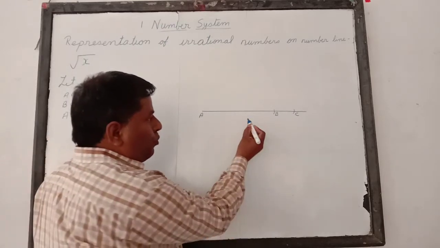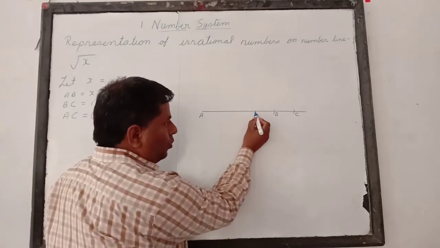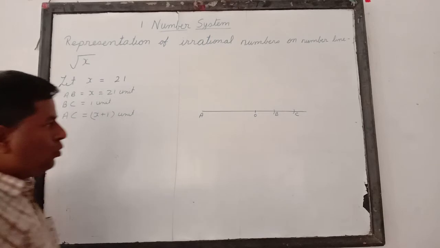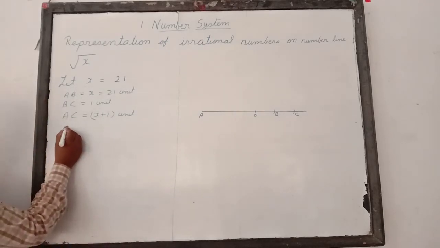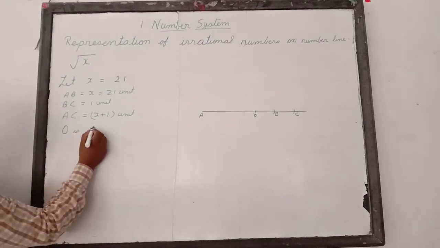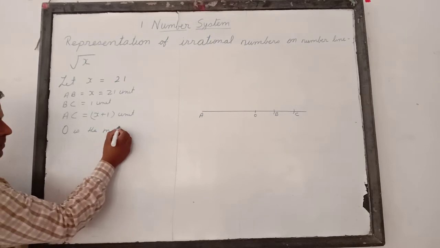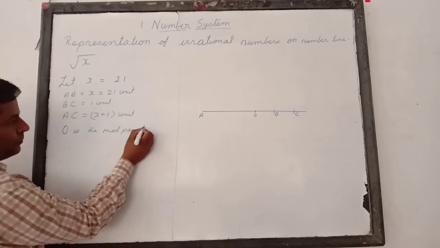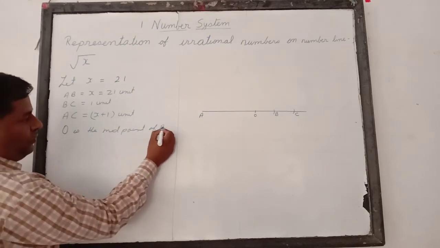If the midpoint of AC is O, then O is the midpoint of AC.